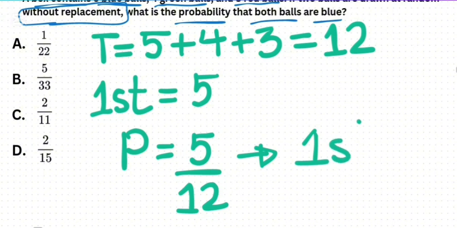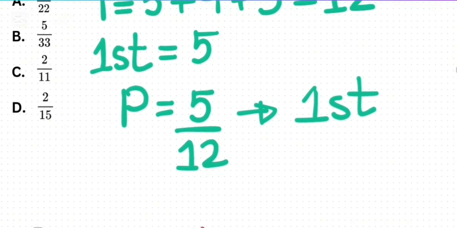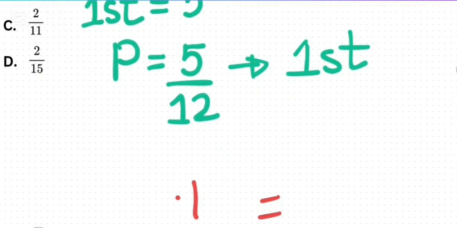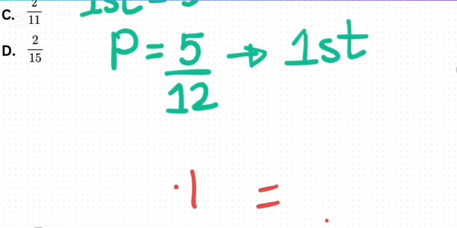Now we will find the probability of the second ball. After drawing the first blue ball, 4 blue balls remain, right? Because as you draw the blue ball, after drawing the first blue ball, 4 blue balls remain.